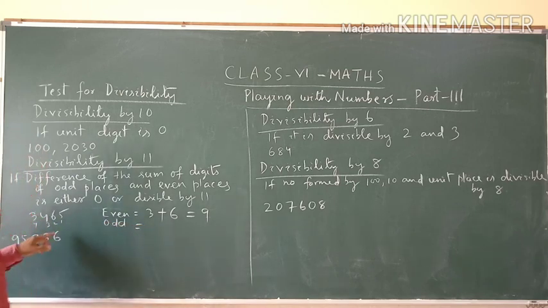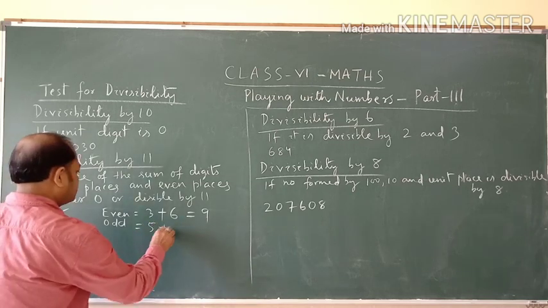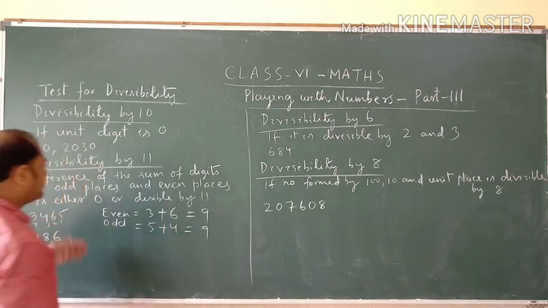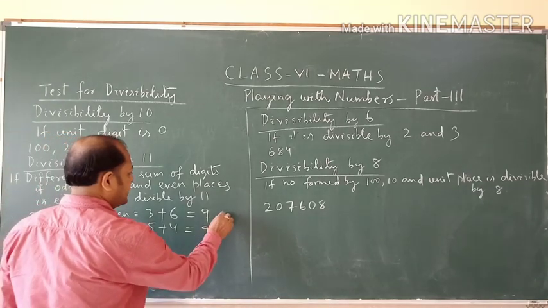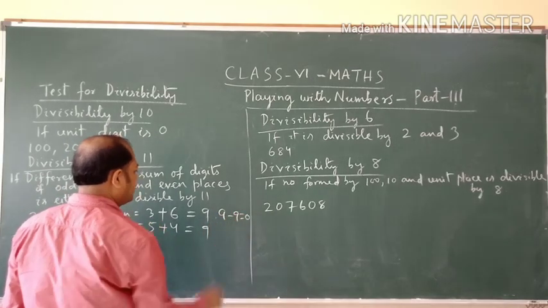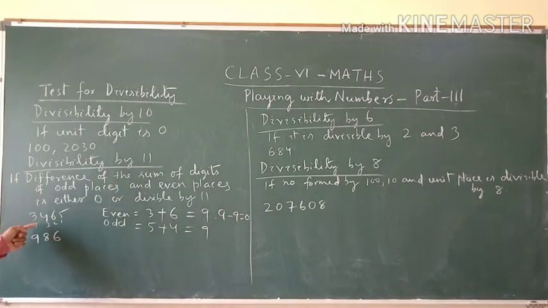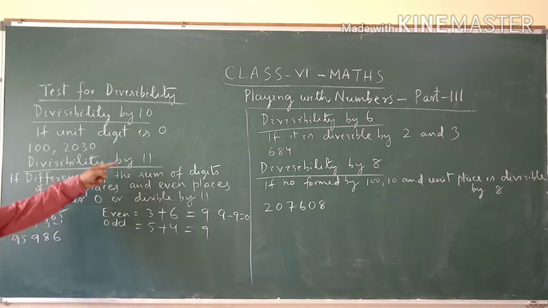In odd places here 5 and 4 are there. So 5 plus 4 is equal to 9. The formula says to find the difference, and if it is 0, so 9 minus 9 will be 0 here. That means this number 3, 4, 6, 5 is divisible by 11.